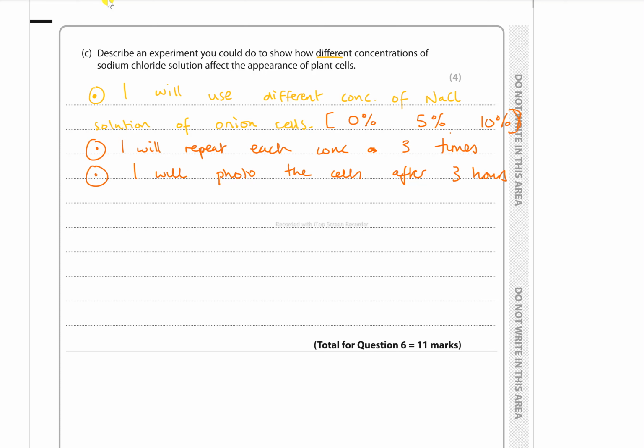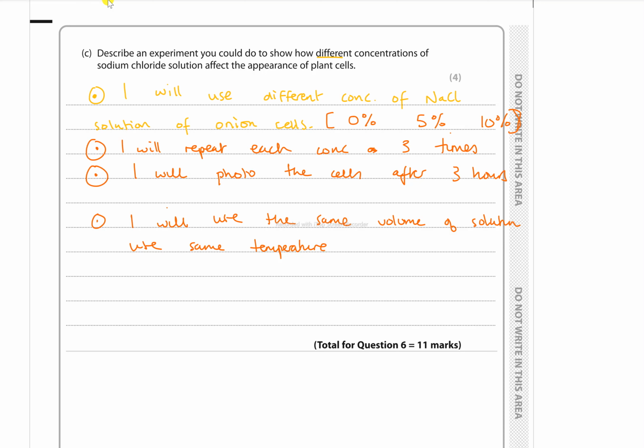And what do you keep the same? I will make these control variables the same. I will use the same volume of solution, the same temperature, room temperature.